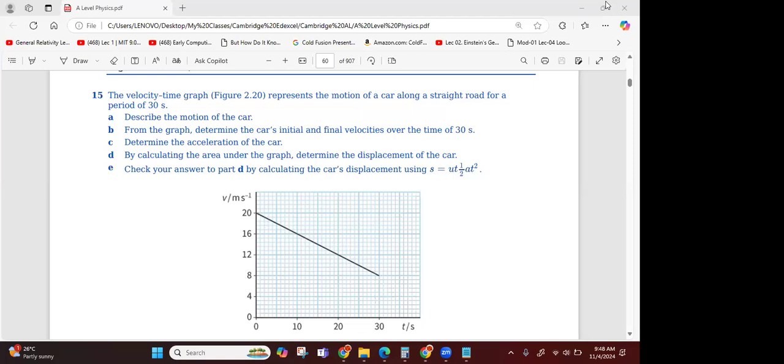You can see the graph is drawn from time 0 to 30 seconds. Describe the motion of the car. What is the motion of the car?